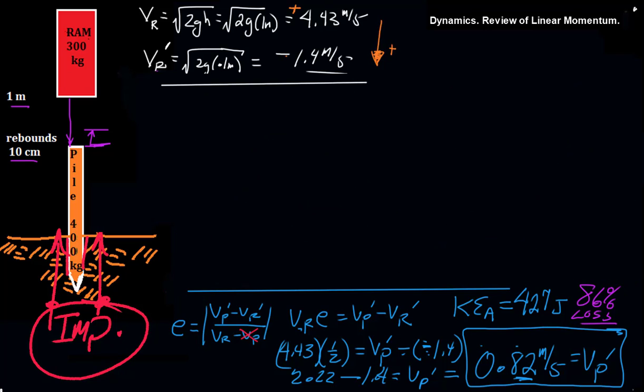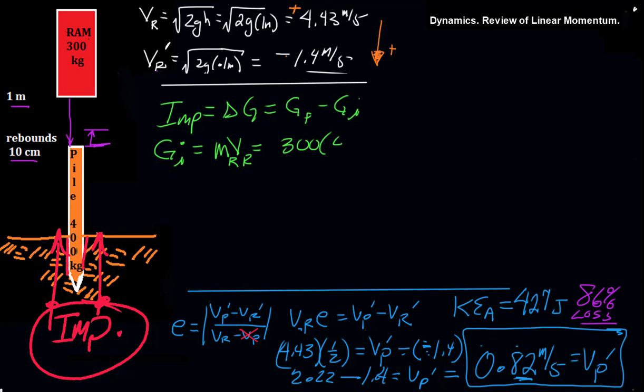From here we could calculate the impulse as delta G, which would be G final minus G initial, where G initial is simply m v_ram. It's the only thing that was moving, which will be 300 times 4.43, which is 1330. Newton seconds are the units for impulse.